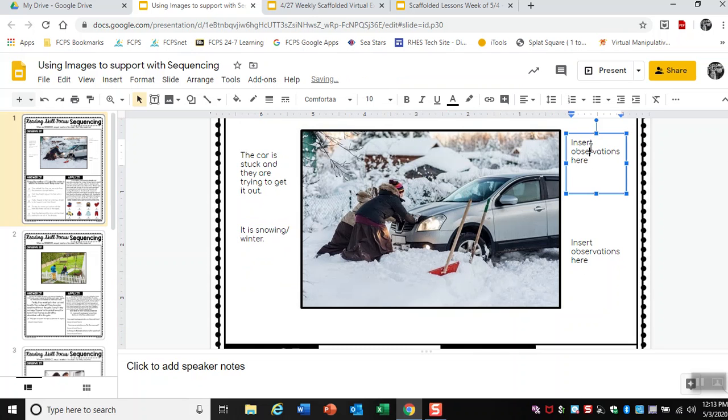Something else that I can see is that they have a shovel, and I can also see that they are wearing winter clothing, so it must be cold outside.